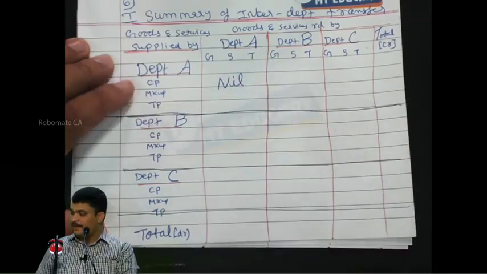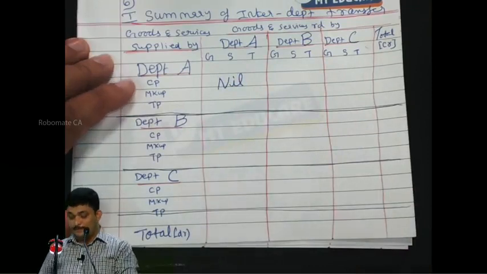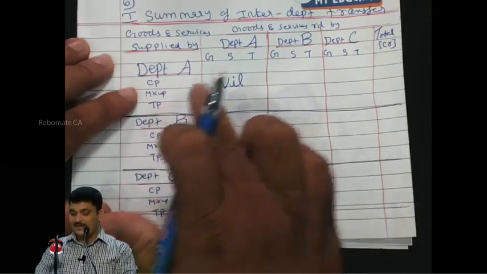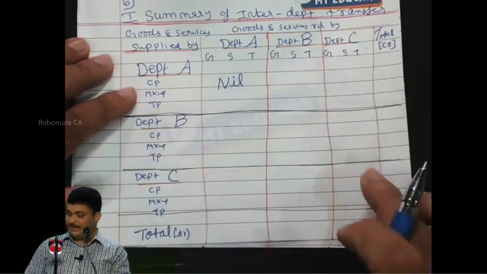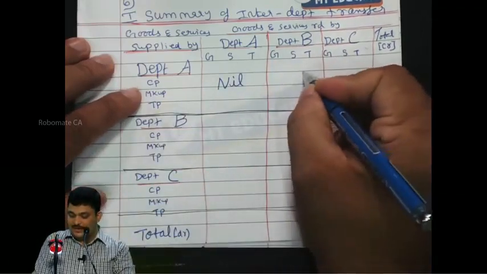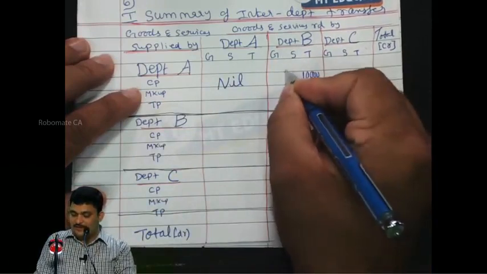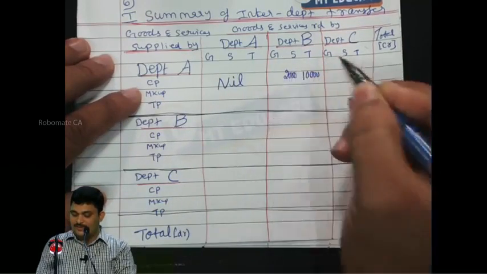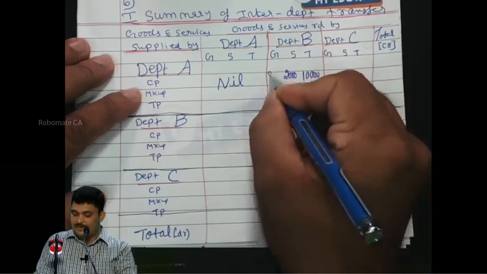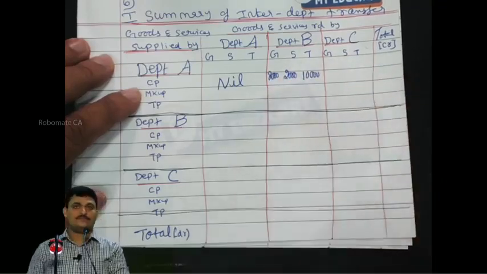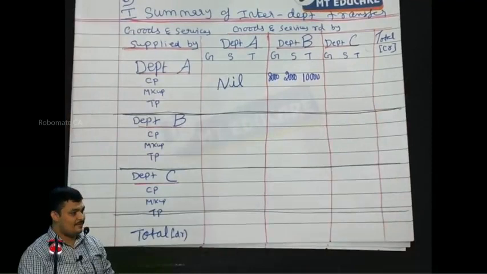Then A to B. A transferring to B, total 10,000, including service of 2,000. So thereby 8,000 is goods. Are you following the computation?